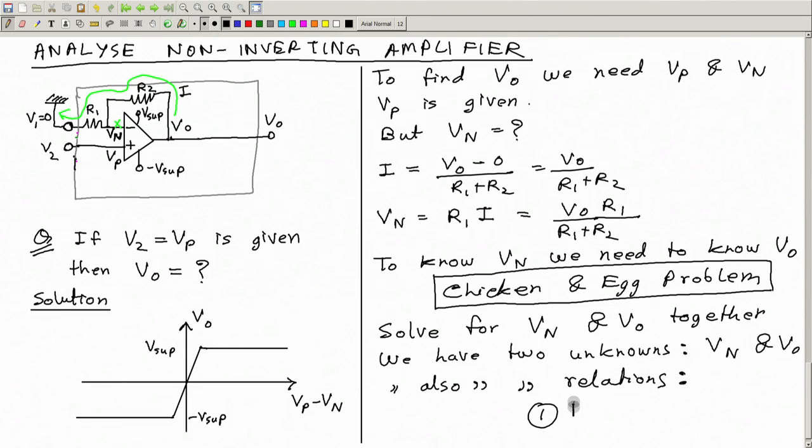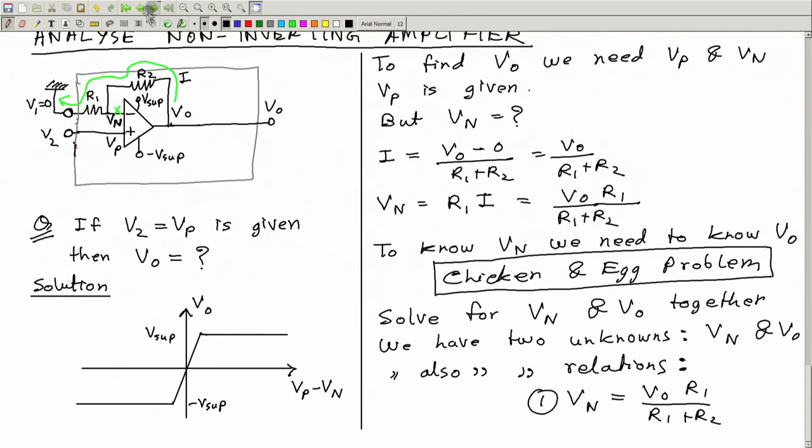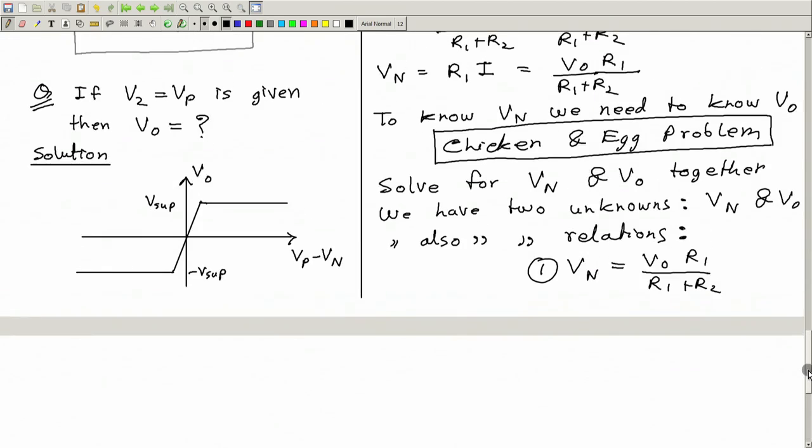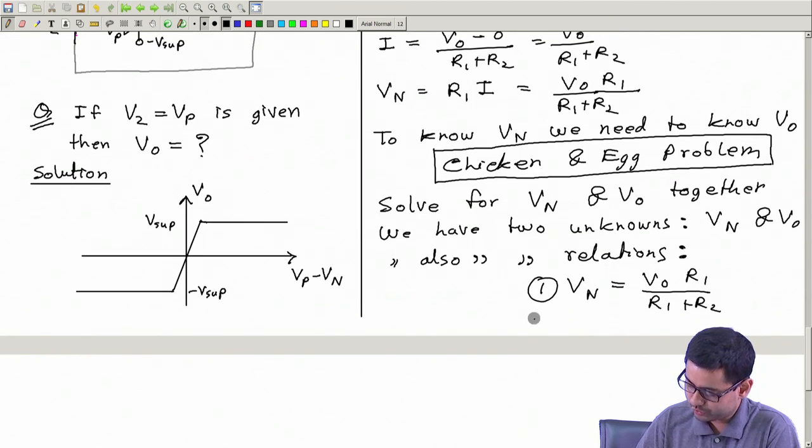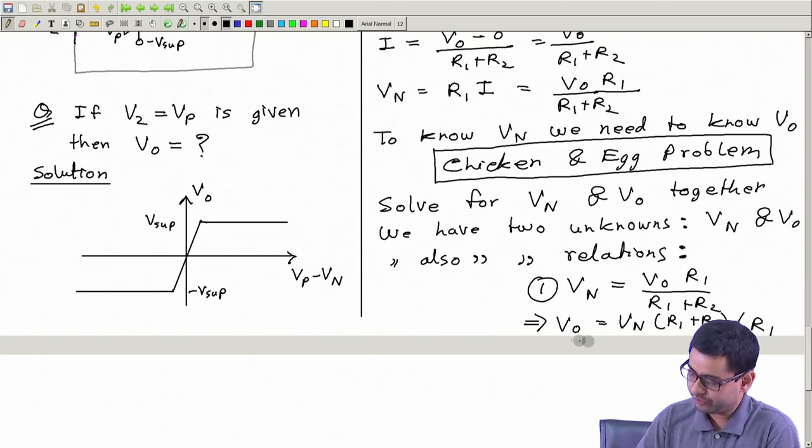Okay, so we can write Vn is equal to this Vo R1 by R1 plus R2, or you can also write it this way: Vo is equal to Vn multiplied by R1 plus R2 whole divided by R1. Either way you can write.